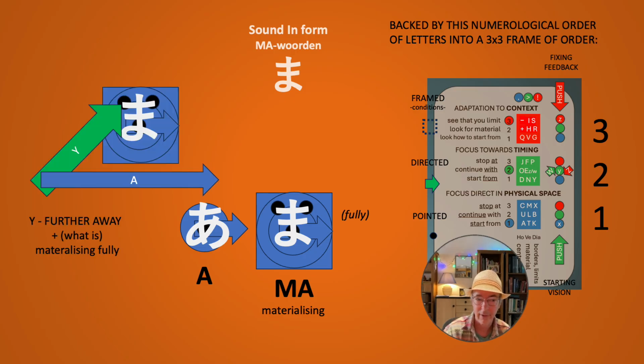Let's have a try. Let's combine Ma with Ya, as YAMA. The Y is at a position of direction where you go away from our physical normal starting points.